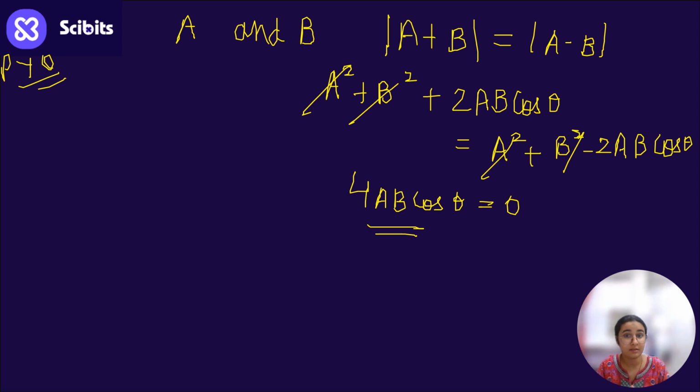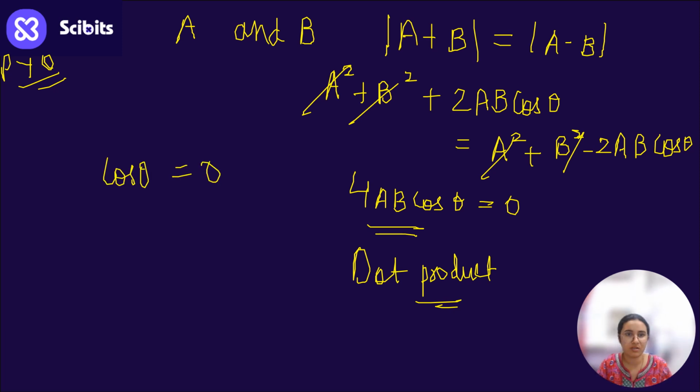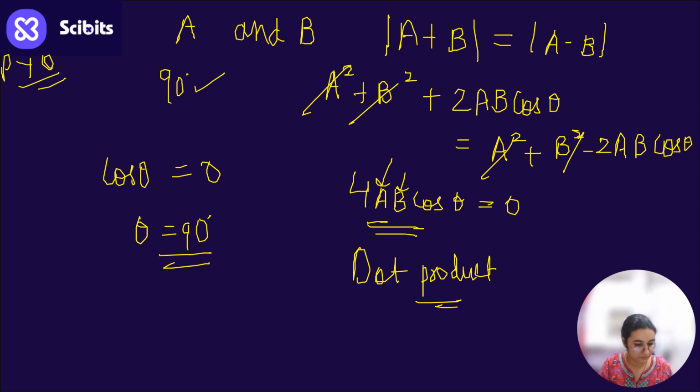So when this thing will be 0, this is basically a dot product. As I told you in the last slide, when dot product is 0, it means cos theta is 0. Either A or B can be 0, but since in the question it was mentioned that A and B are not 0, cos theta is 0. So if cos theta is 0, theta is 90 degrees, which means the angle between vector A and B is 90 degrees. Okay.